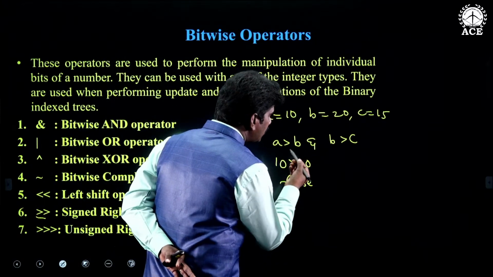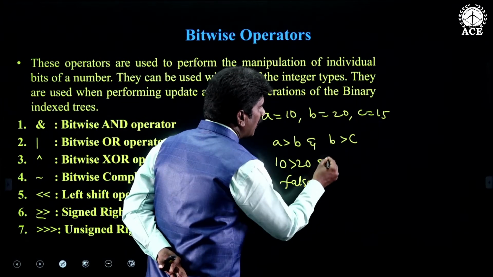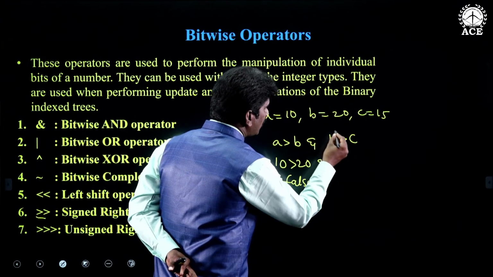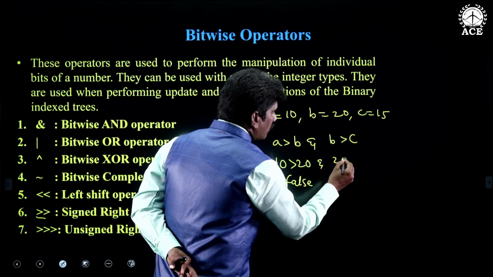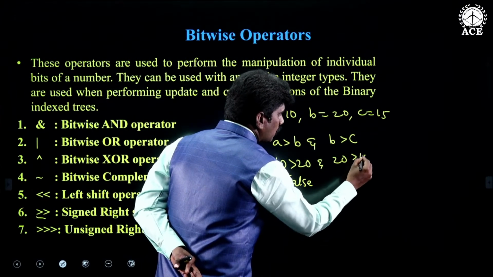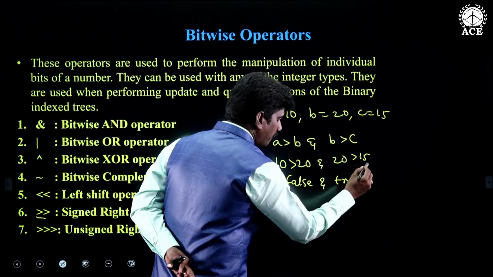Since it is the bitwise AND, it is going to check the second one. What is B greater than C? B greater than C means 20 is greater than 15. So here it is true. Meaning false and true are going to be compared.